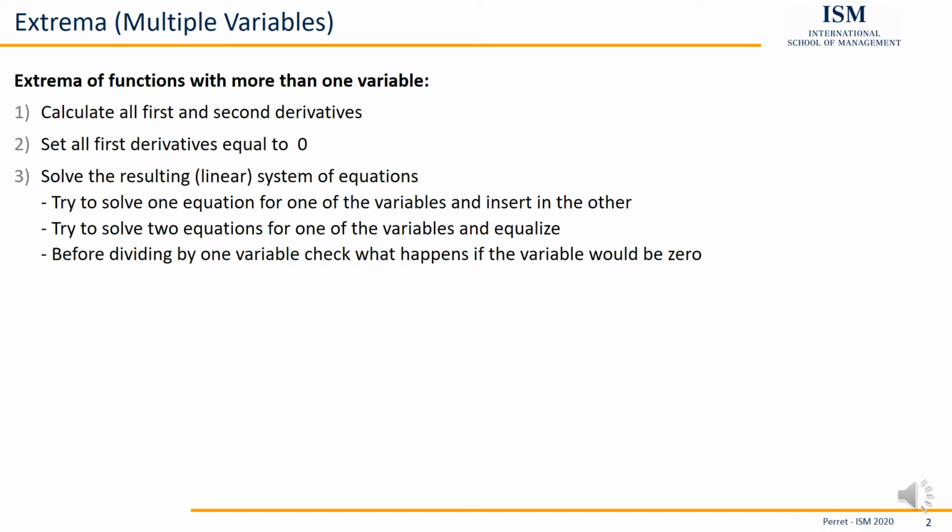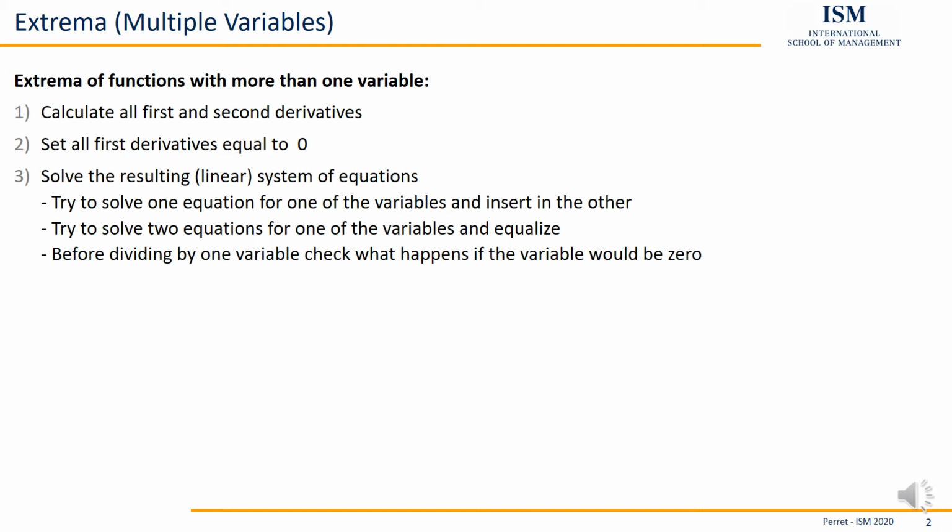One important aspect, which is even more important here than when you calculate extrema for functions with one variable, is that before you divide by a variable, always check what would happen if this variable were 0.